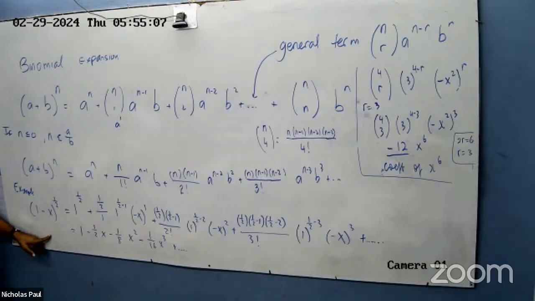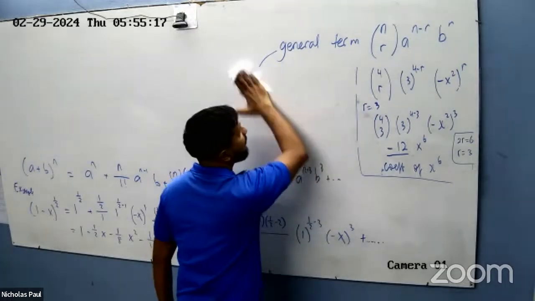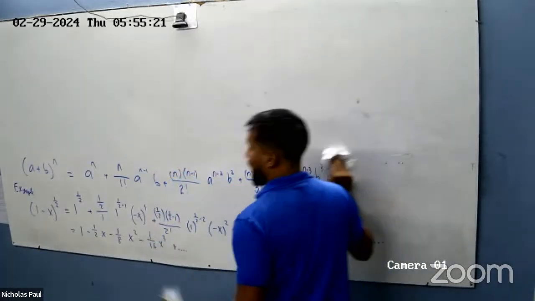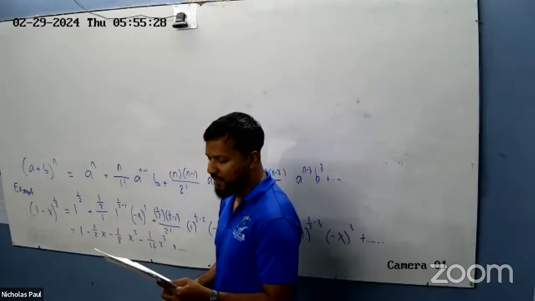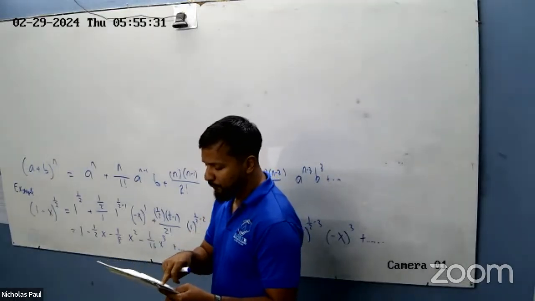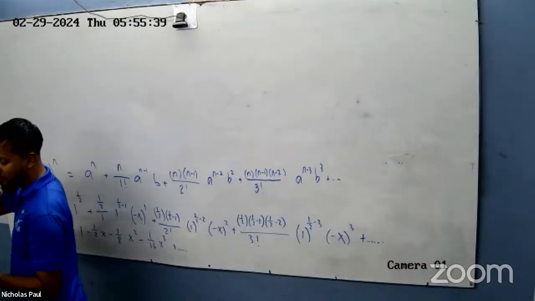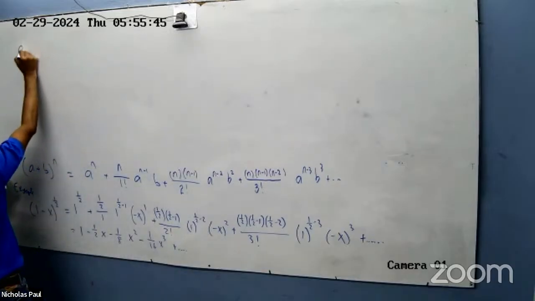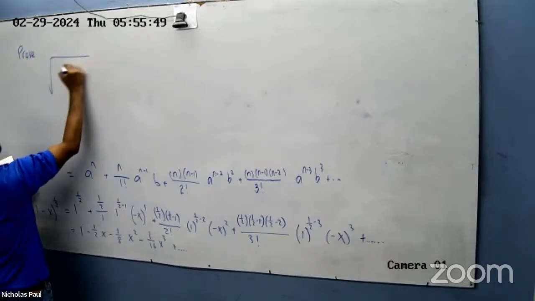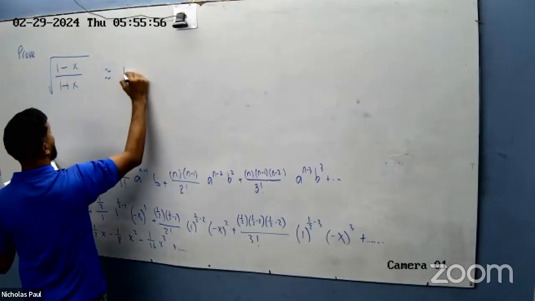They asked to expand this, and then they said: prove that if x is small, so that x cubed and higher powers can be neglected, the square root of 1 minus x over 1 plus x is approximately equal to this.